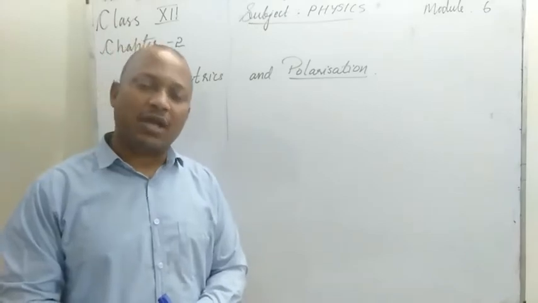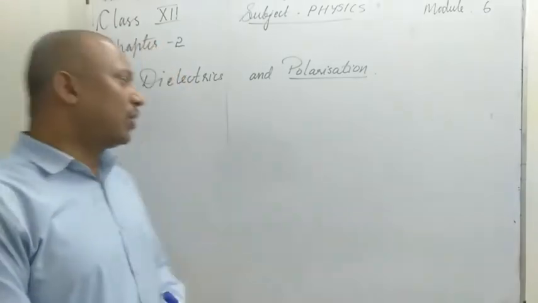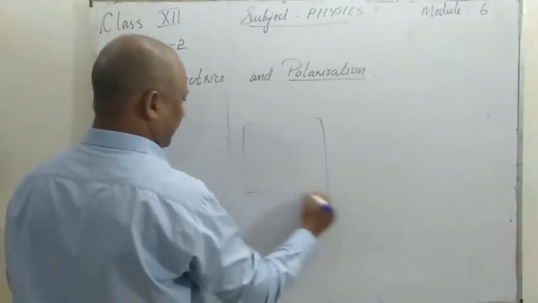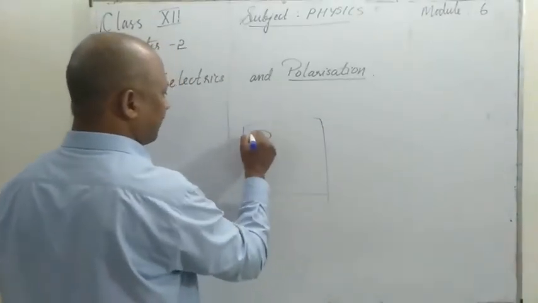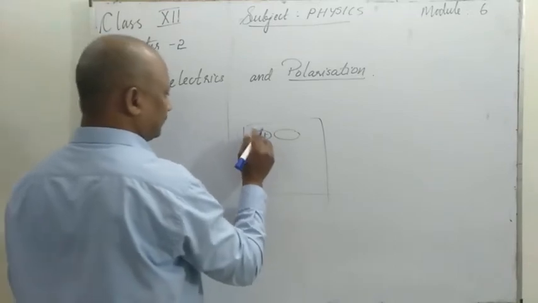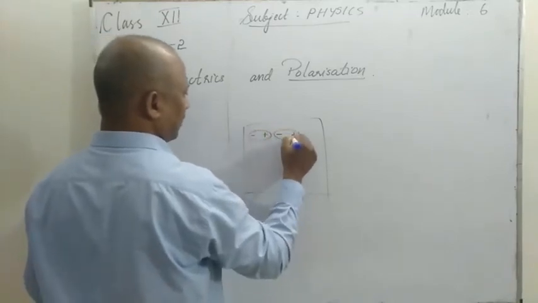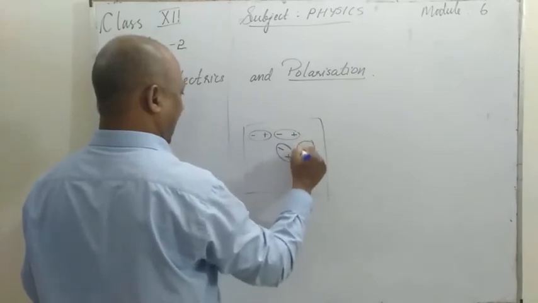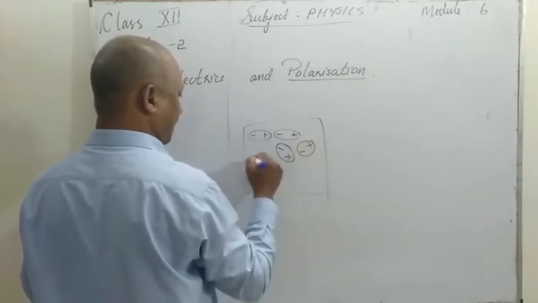What do you mean by a polar dielectric? A polar dielectric, if I represent it like this, already has molecules that are dipoles, but the dipoles are randomly arranged.